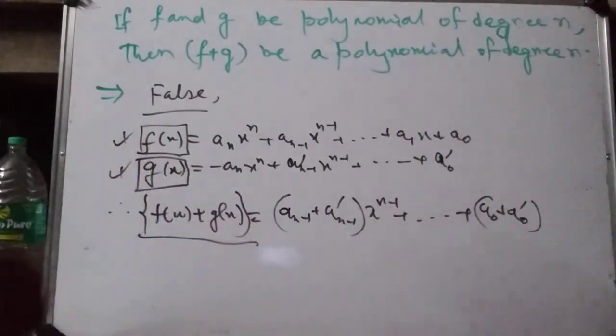Not a problem at all. That means f plus g can't be a polynomial of degree n.